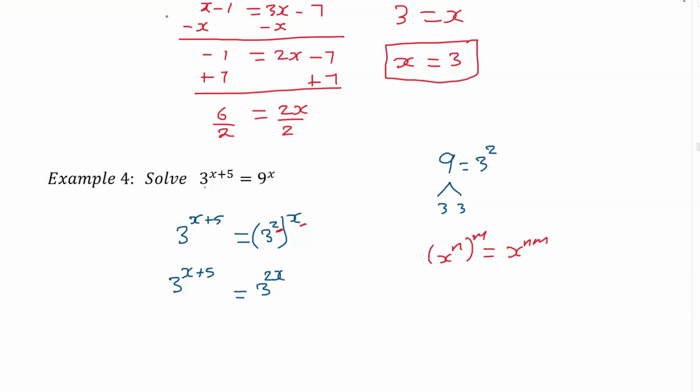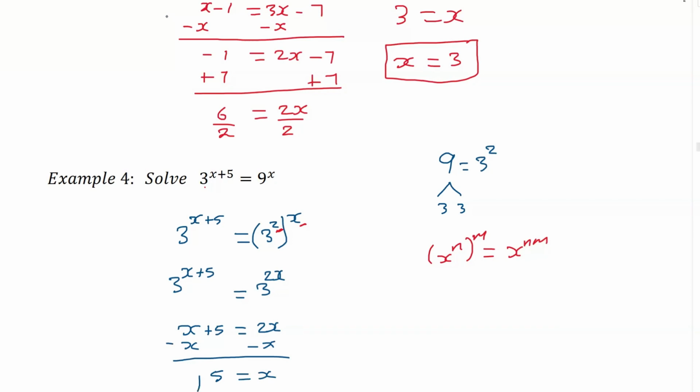Now we get the bases to be the same, so now we just set the exponents equal to each other. And so x plus 5 is equal to 2x. And we'll solve this equation by subtracting x on both sides. And what we get is that 5 is equal to x.